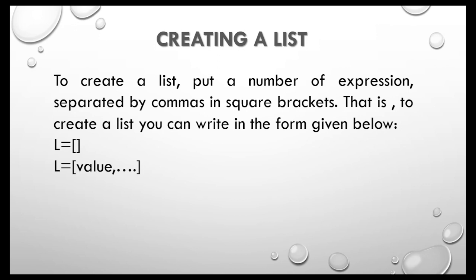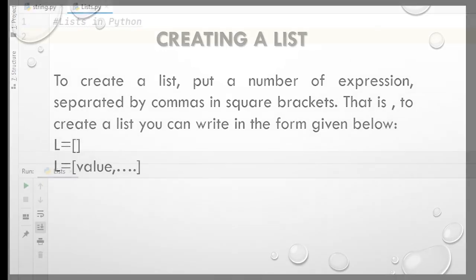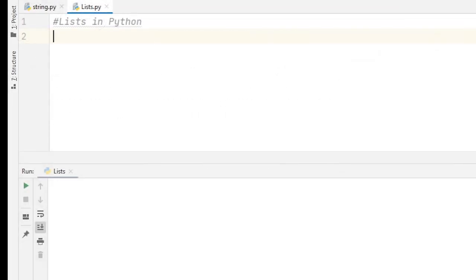To better understand how to create a list in Python, let's take a practical session. Now I show you how to create an empty list in Python. There are two ways.